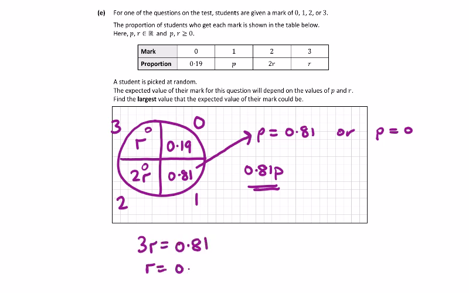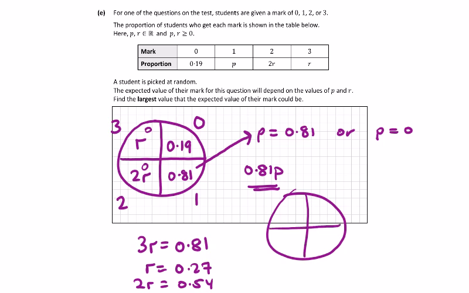So R will be 0.27, and 2R will be 0.54. So we set up that expected value. I think this is definitely going to be bigger. We have 0.19 by 0. We have 0 by 1. 2R we're going to have 0.54 by the 2 marks. And we're going to have 0.27 by 3 marks.